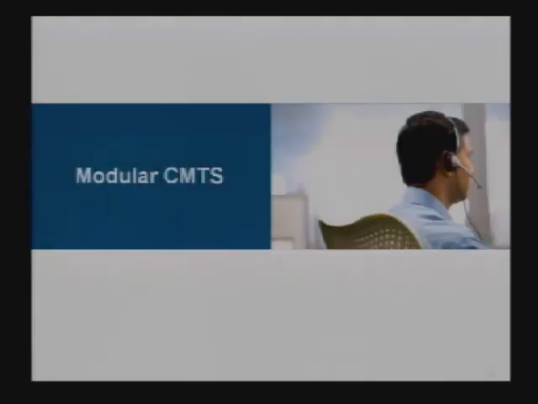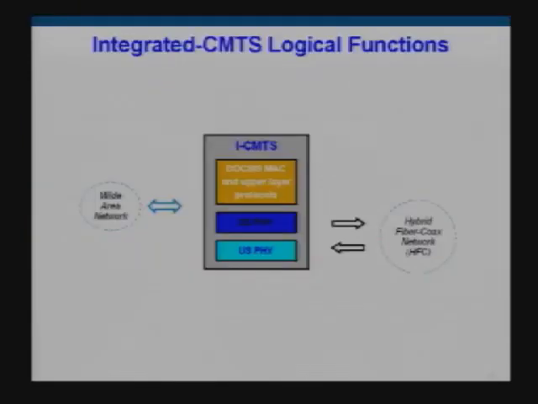Now let us take a look at the concept of modular CMTS. Until DOCSIS 3.0 and the related specifications were introduced, most of the CMTS implementations out there were using the integrated CMTS architecture. In an integrated CMTS, or ICMTS, as you can see, the layer 2 and layer 1 functionalities are housed in a single system.